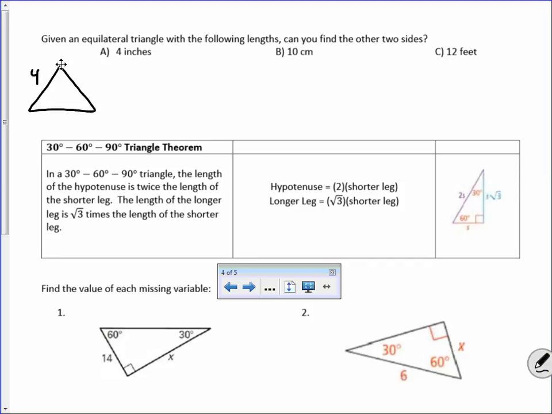All the sides were 4. We added an altitude. Okay. Now, based on where the right angle is, we know that the hypotenuse, or c, is going to be 4. Okay. We know that the short leg at the bottom, because it got cut in half, is just 2.